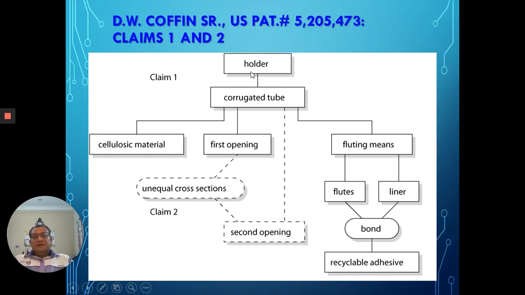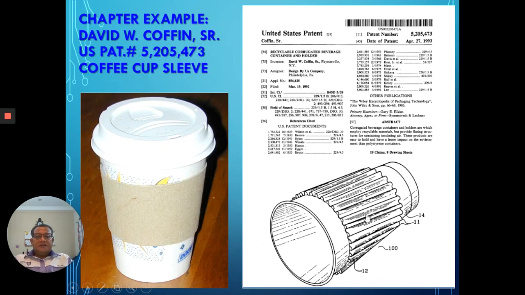For example, in order to produce that holder or cup holder, so this is their filing content. It must use a corrugated tube. Okay, corrugated tube is actually this part, the corrugated part, right?